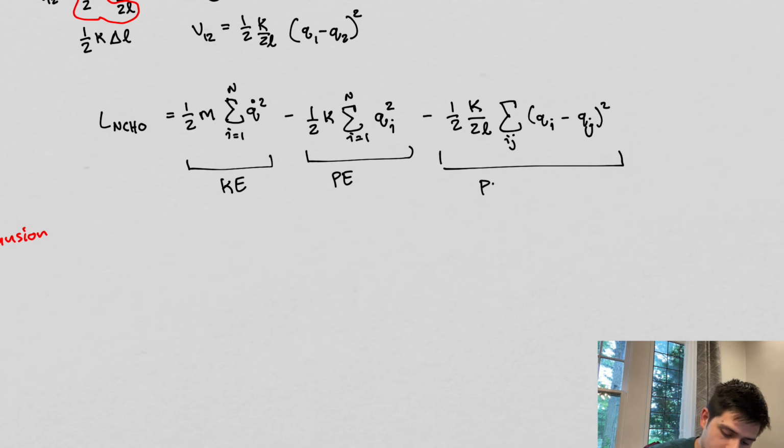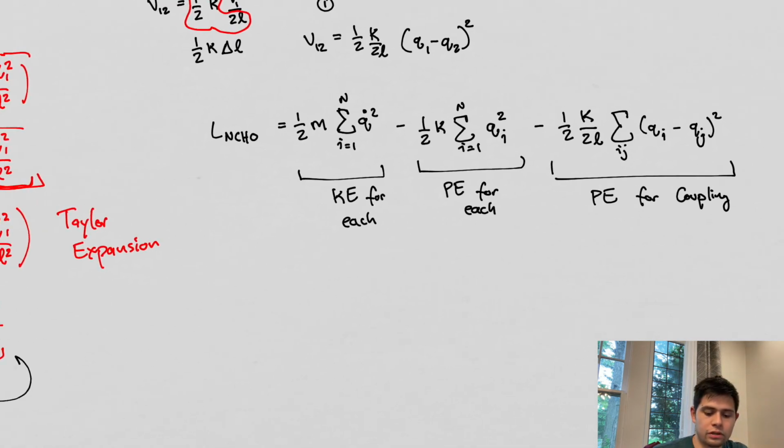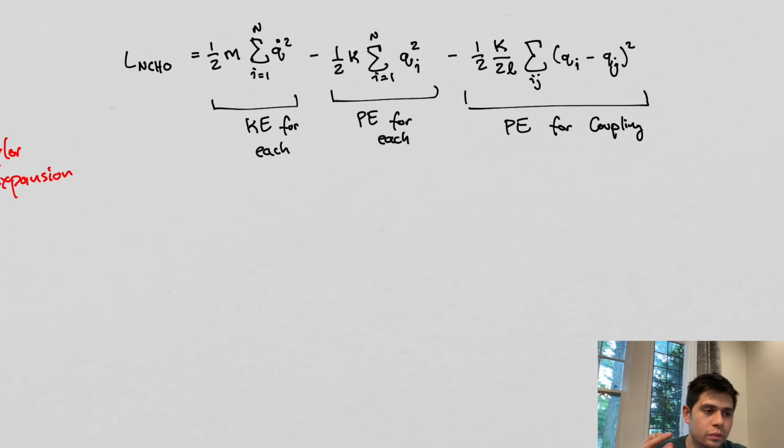So PE for coupling. This is for each, and this is for each. So we have a Lagrangian now that sums up everything we need to know for this n-coupled harmonic oscillating system. And so what we can do now is change our summations into integrals if we are considering a continuous system.